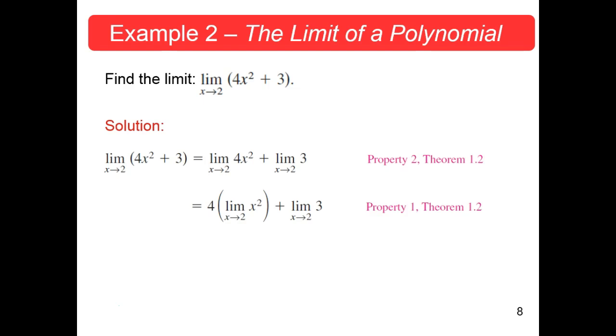I bet you they put that step in. Yes, they do. 4 times 2 squared plus 3, and that gives you 19. Y'all did it in one step. Good for you. But it works, and this uses each of those properties of limits that they list over there. After a while, you just do them. You don't even think, oh, this is that property.